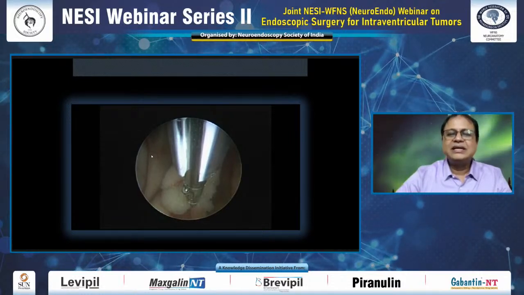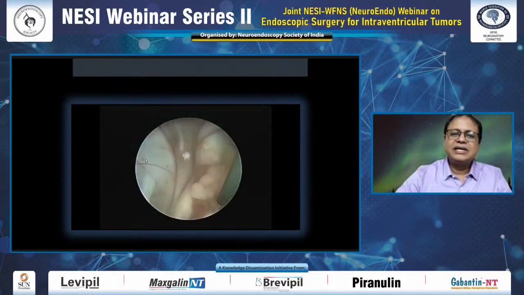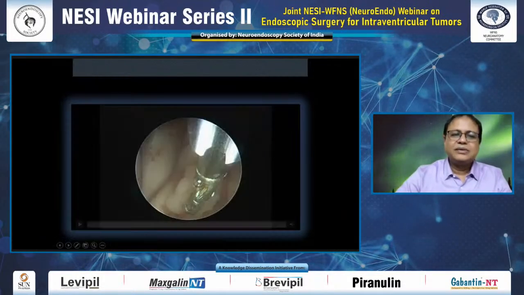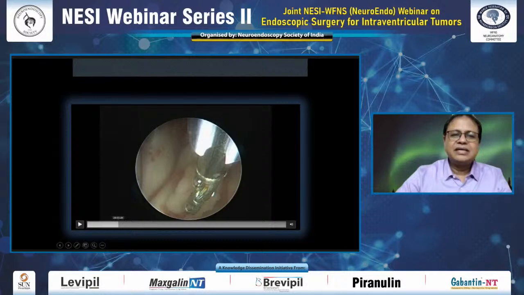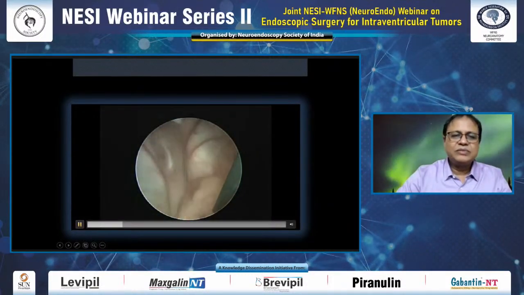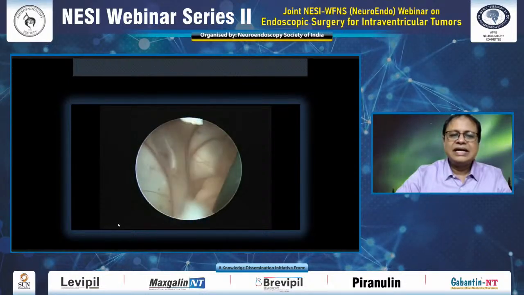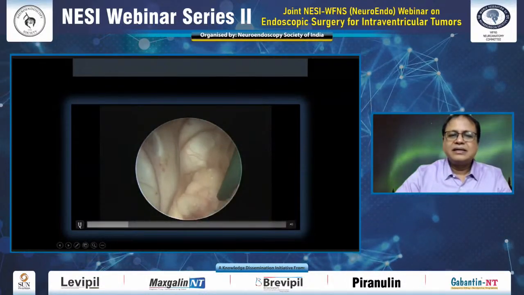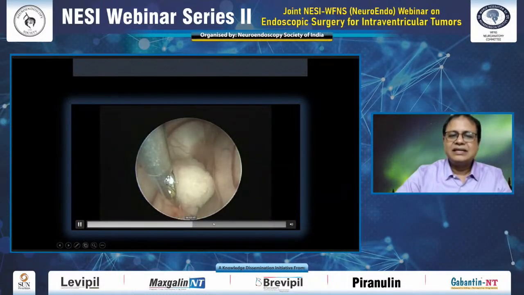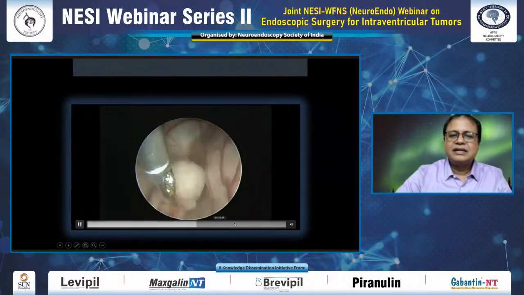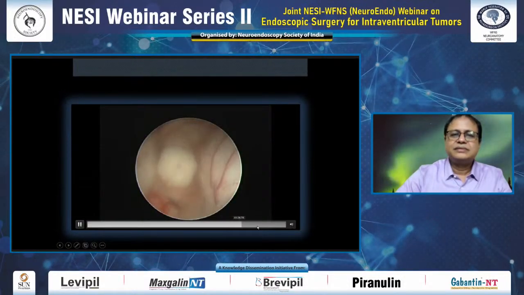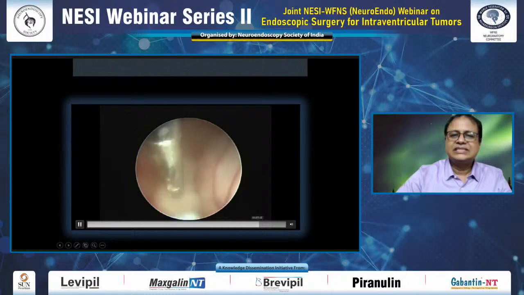So this was the tumor less than 2 centimeter, and the technique has already been described: identify the pedicle of the tumor, coagulate the pedicle, and after coagulation, detach it, and the tumor is removed as a single piece.